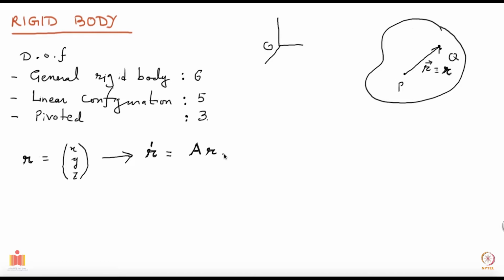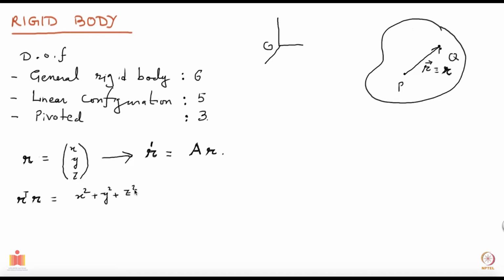The very first thing which we would like to do is look at R transpose R. Now R transpose R is just x squared plus y squared plus z squared, right?